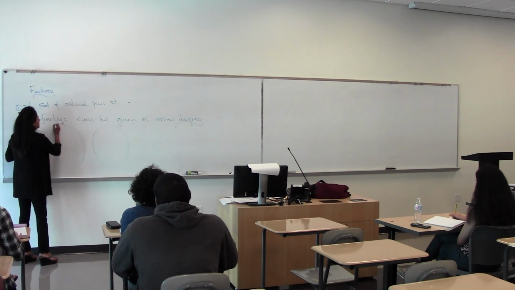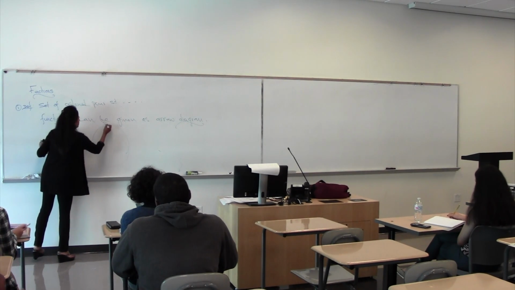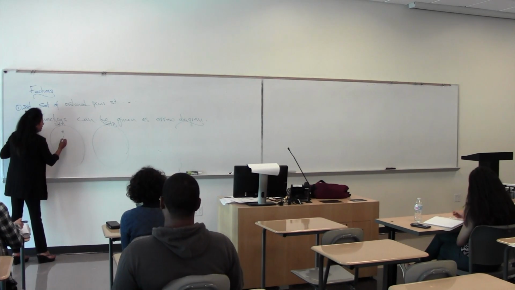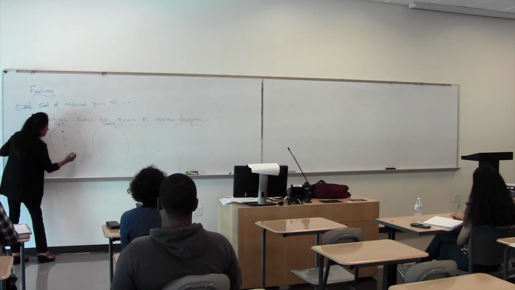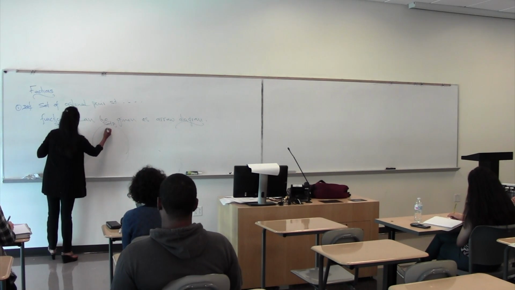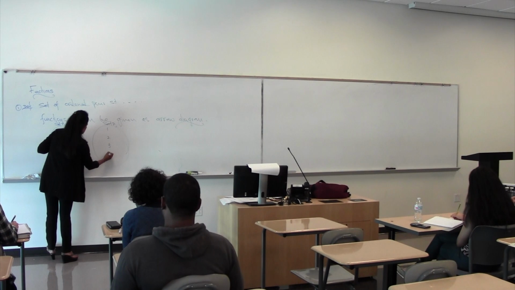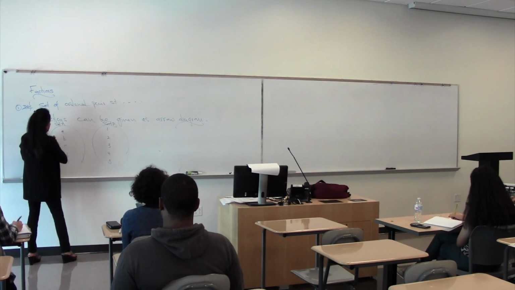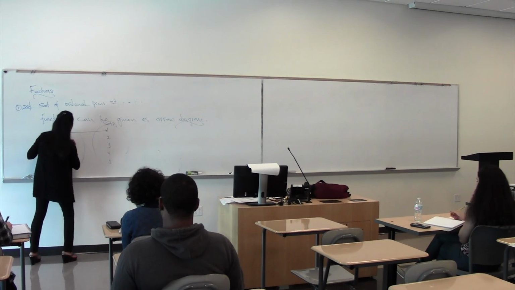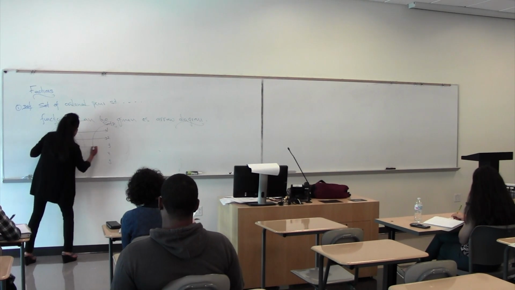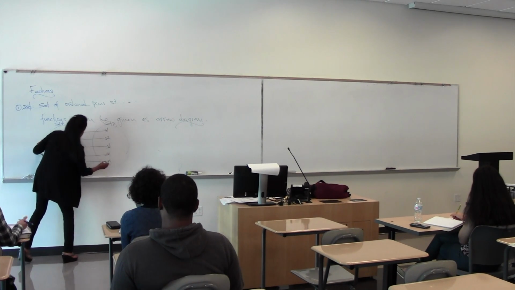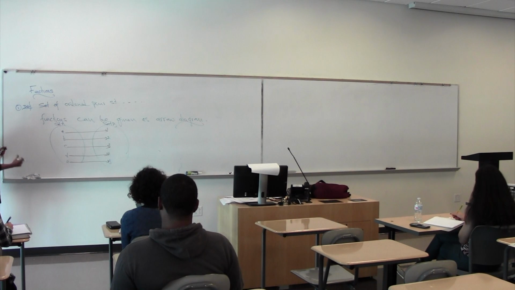We say set A here, set B here, and let's say we have A, B, C, D, E, and 1, 2, 3, 4, 5. If you have a diagram like this, this is a mapping from set A to set B.